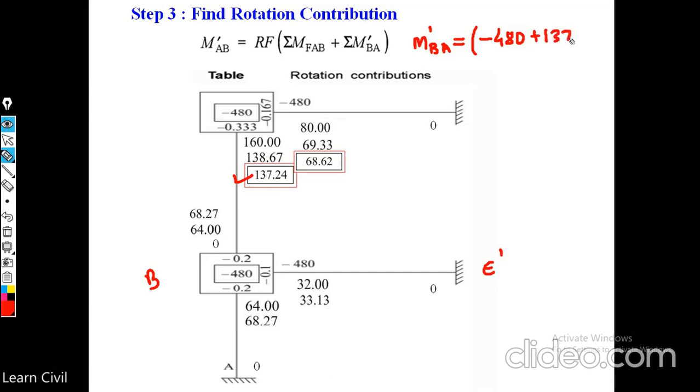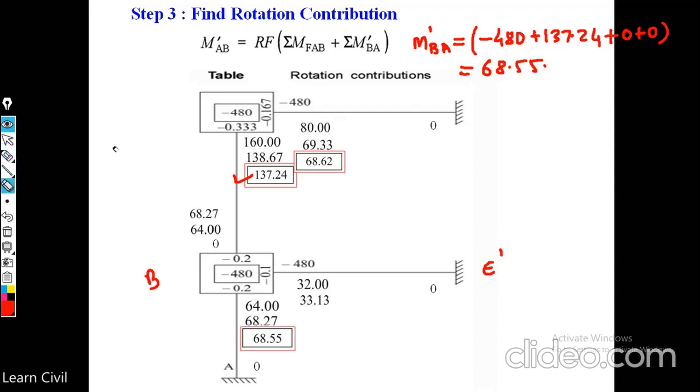So 137.24 plus 0 plus 0. So this M dash BA will be equal to 68.55. Just write down this value here. So we get the value 68.55.